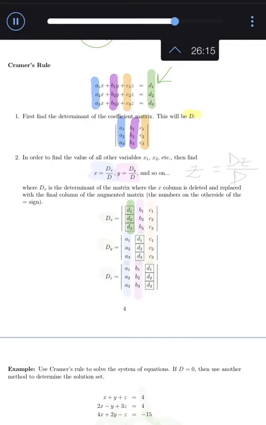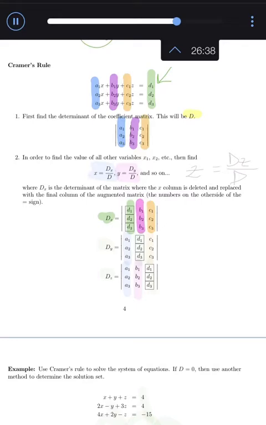The y coefficients stay the same, which is the B1, B2, and B3 on the second column, and the z coefficients on the last column stay the same. Only the x column will actually switch out for just the regular constants. That's why it's called Dx.